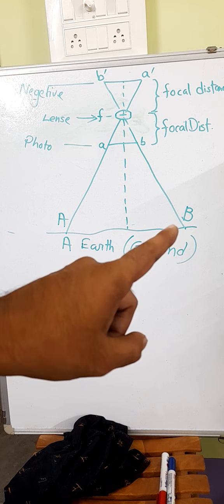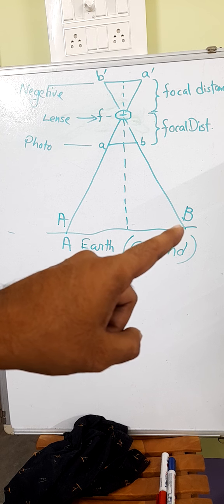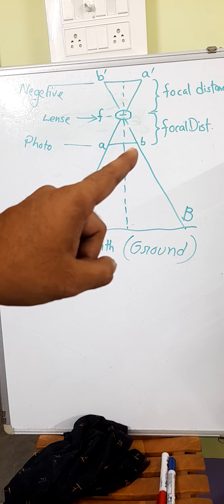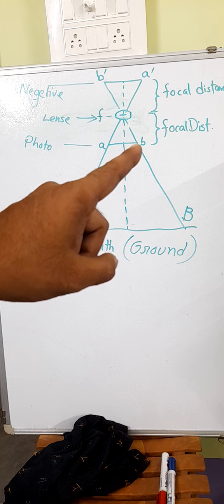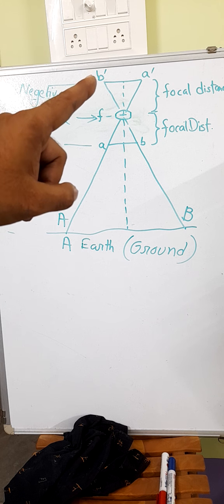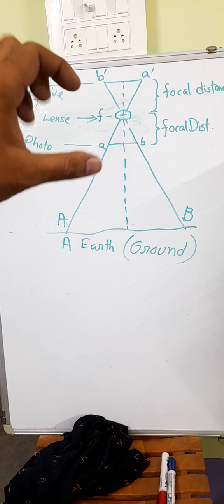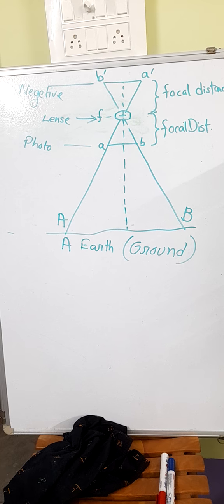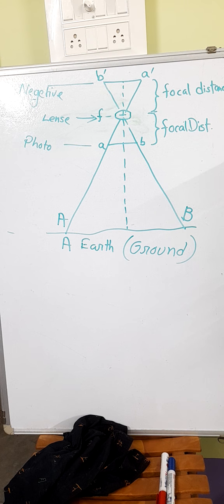Similarly, any point B on the ground will be denoted as small b on the photograph, and captured as b dash on the negative. That is how the aerial photo is being captured.